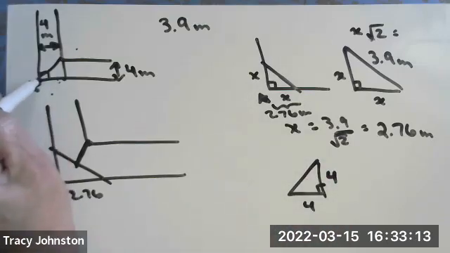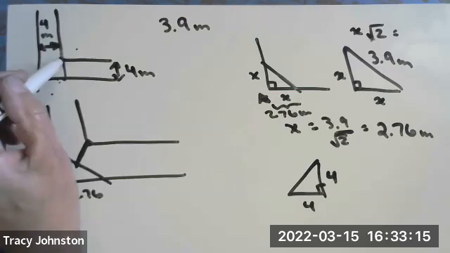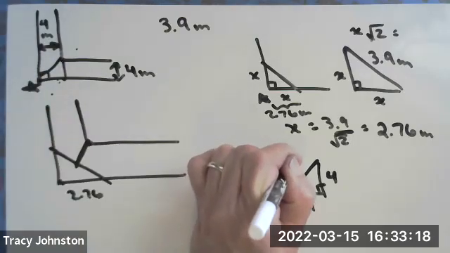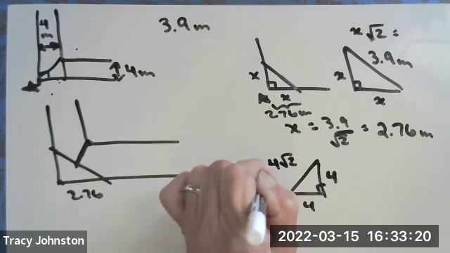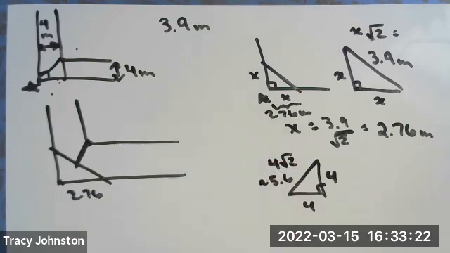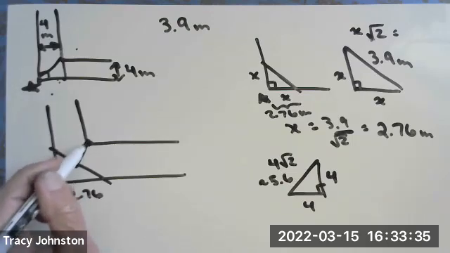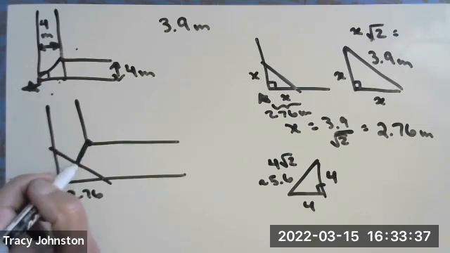So this whole distance from this corner to that corner is 4 times the square root of 2, which is about 5.6 meters. So if we find this distance here, we subtract that from this distance here, and that gives us that distance there.